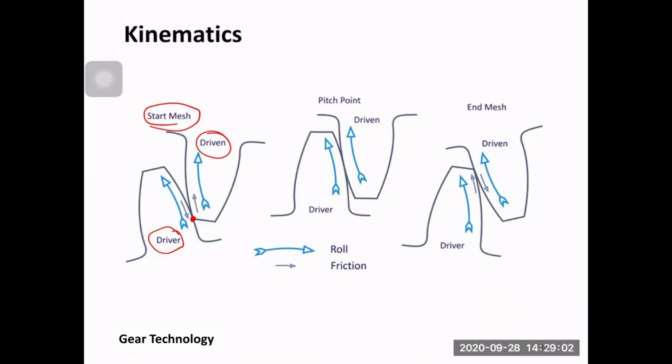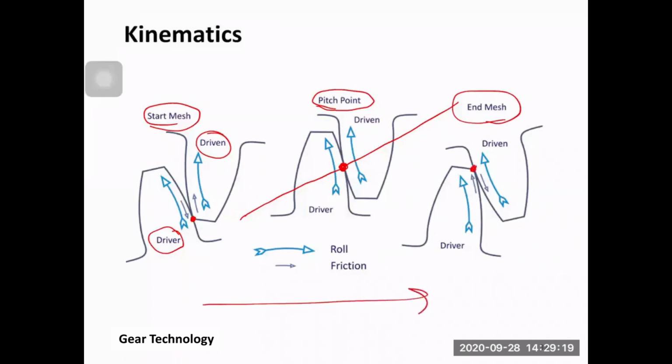Then at the pitch point, exactly in the middle of the line of action, there is a point called the pitch point. And then here it's the end of the mesh when they leave each other. So we are going in this direction. They start here, then here in the middle, and here they leave each other. Okay, or the engagement.